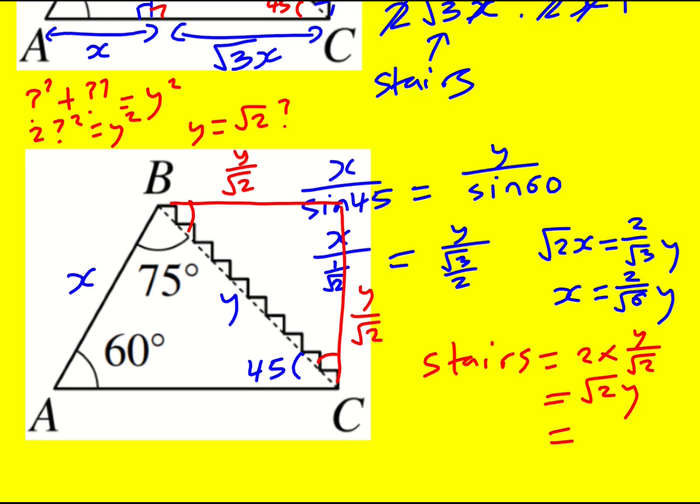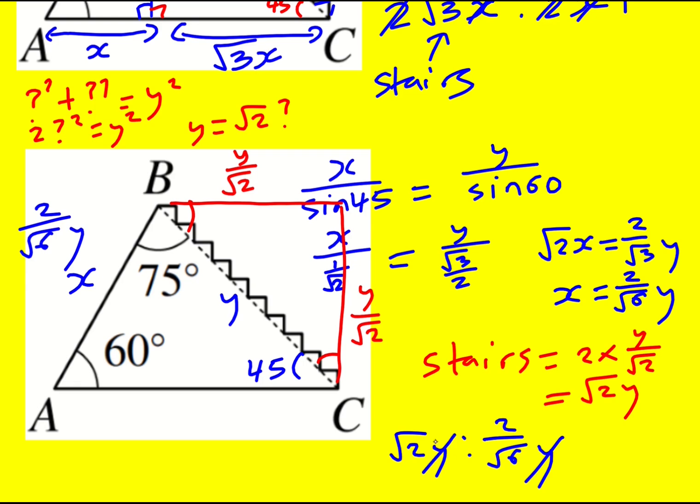But then I know that I've got x equal, okay, it's probably best to leave it like that. So I've got root 2y, and then over here, because I made x the subject, I've got 2 over root 6y. So let's compare these. For the stairs, it's root 2y. And then for the length, it is 2 over root 6y.